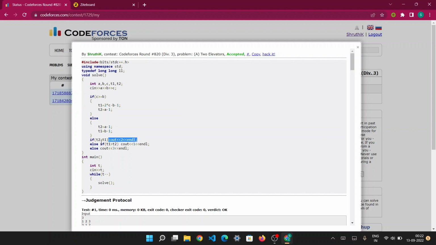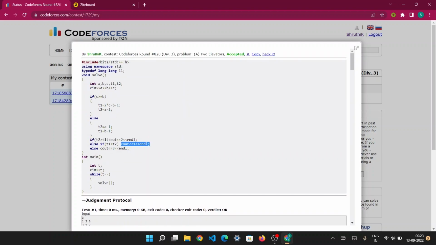Basically, if T2 is greater, it means 1 is taking more time, so 2 is better. And if T1 is greater, then the first lift is better, so we will output 1. And if both these conditions are not true, then T1 equals T2, so we will output 3.